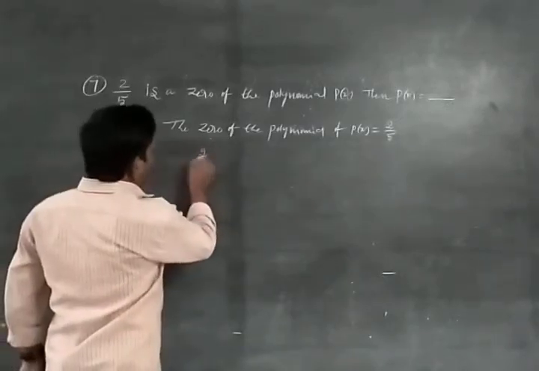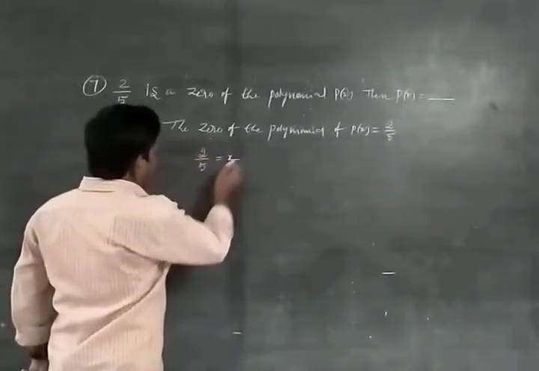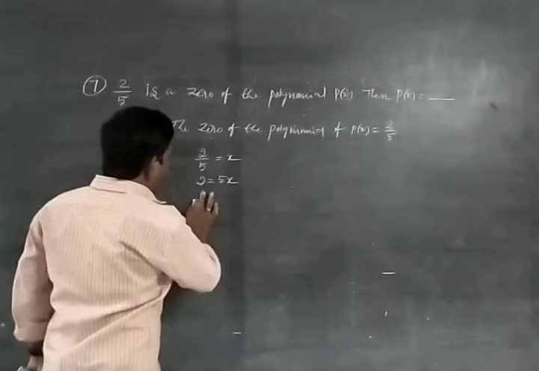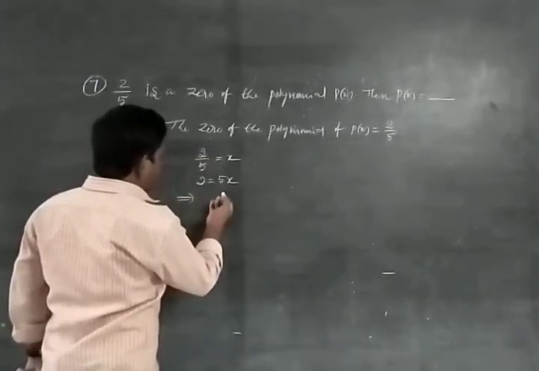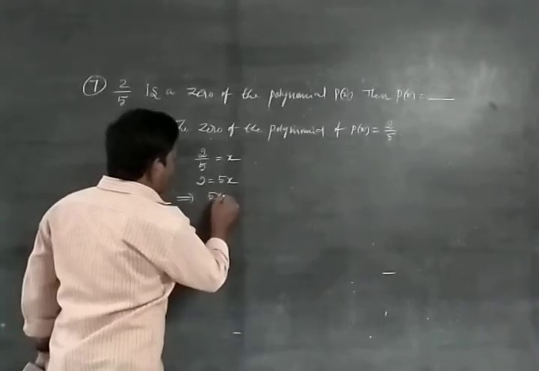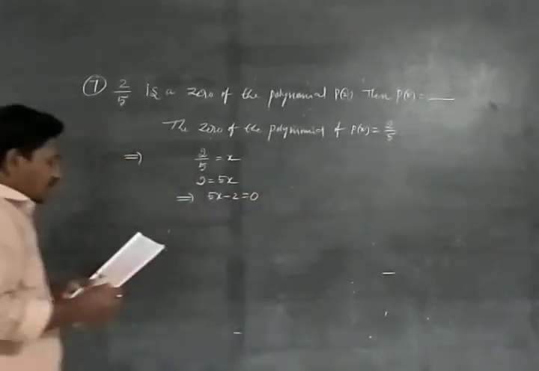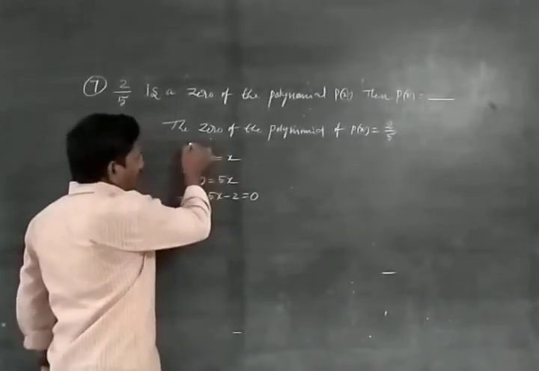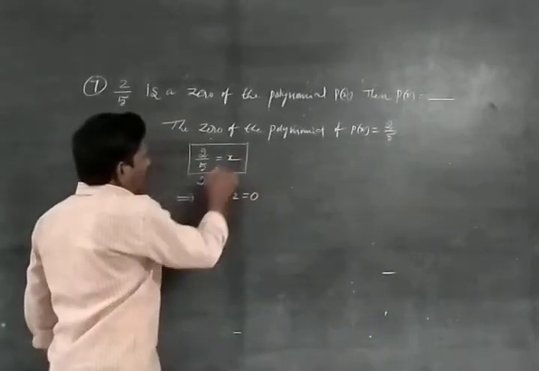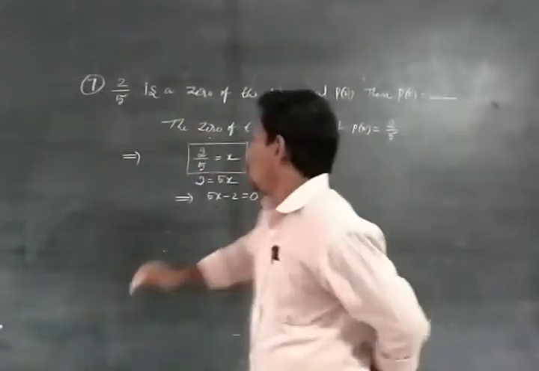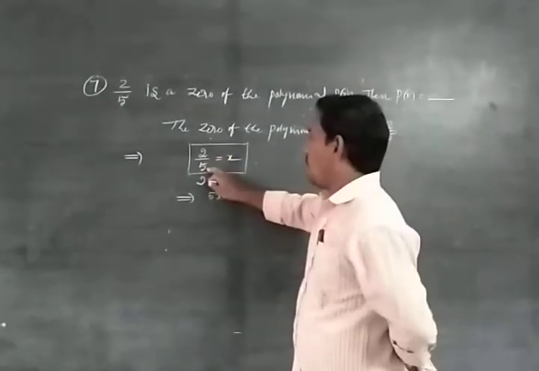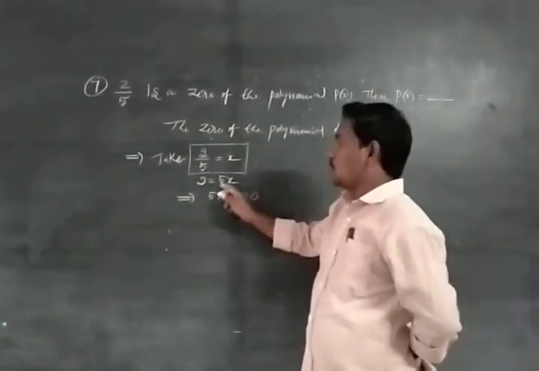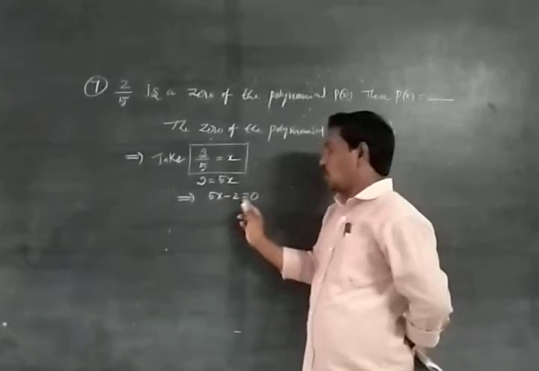Then x equal to 2 by 5, so 2 equal to 5x, and 5x minus 2 equal to 0. So we take the zero of the polynomial, x equal to 2 by 5, and by transposition 2 equal to 5x, 5x minus 2 equal to 0.